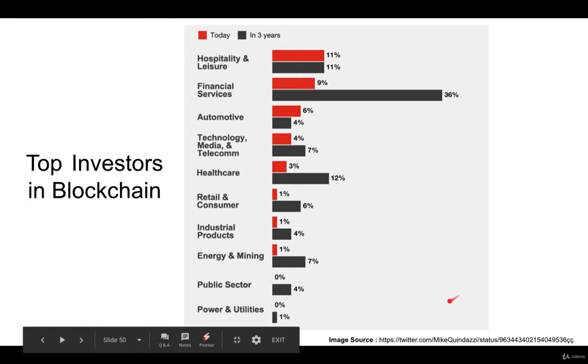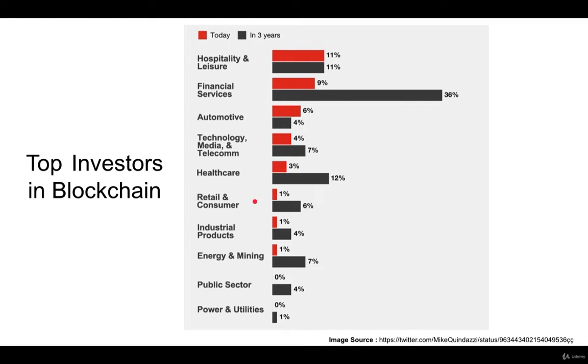As you can see in the figure, with the adoption source given below, we have some adoption in the power and utilities sector, public sector, energy and mining sector, industrial products sector, retail and consumer sector, healthcare, technology, media and telecommunication, automotive sector, financial services, and hospitality and leisure.